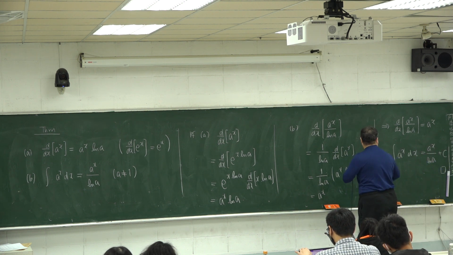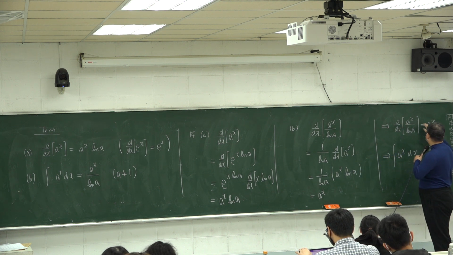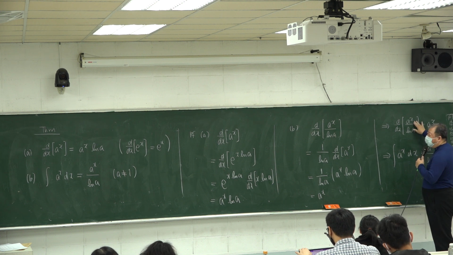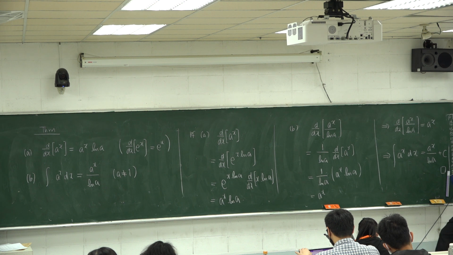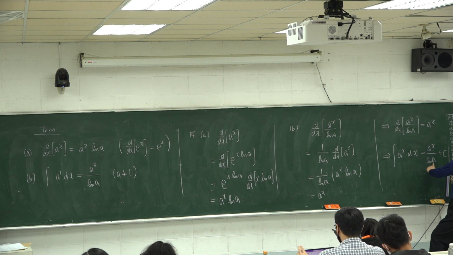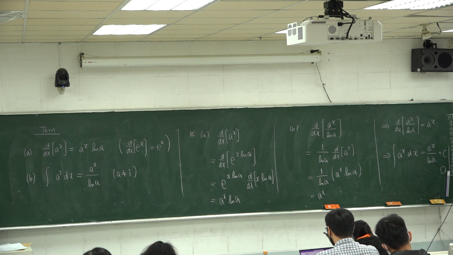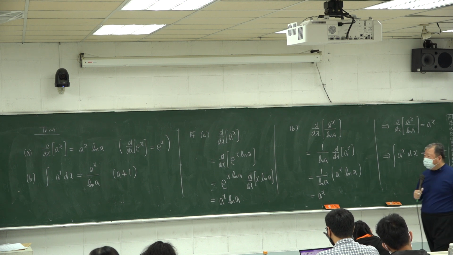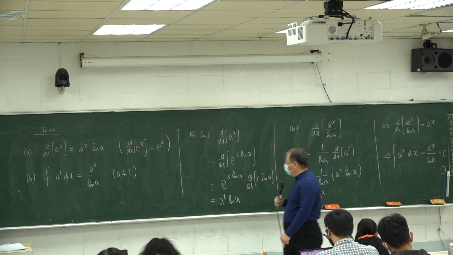Okay, differentiate this to obtain its derivative. So this one is an antiderivative of a to the x. An antiderivative plus a constant c is the indefinite integral of that one.